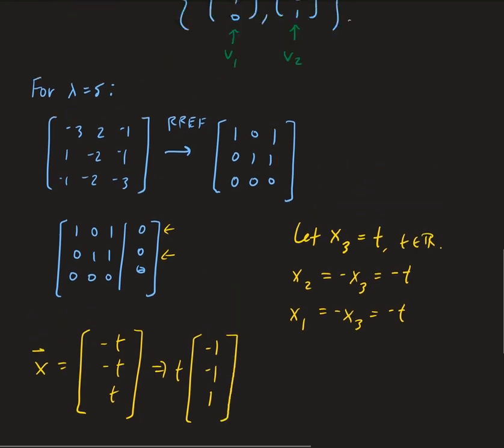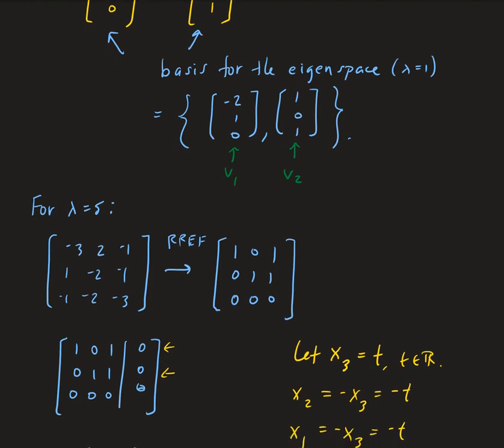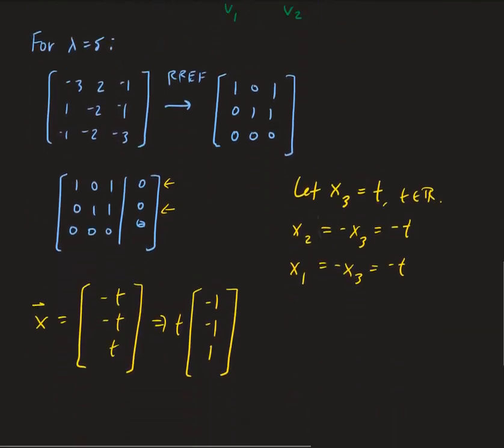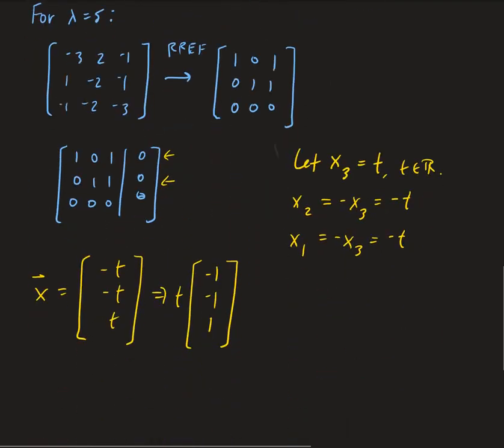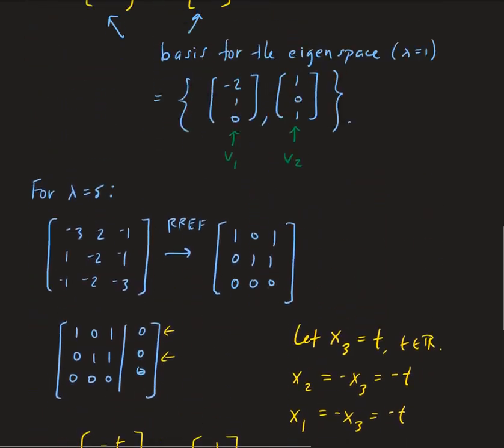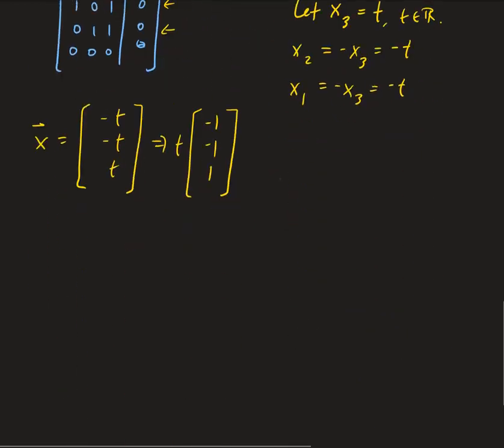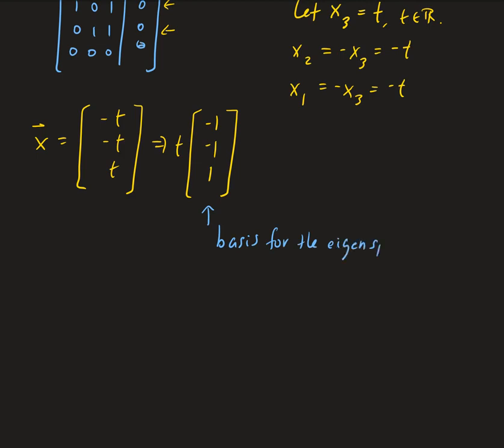That's going to form the basis. So this vector here is going to be the basis for the eigenspace for lambda equals 5.